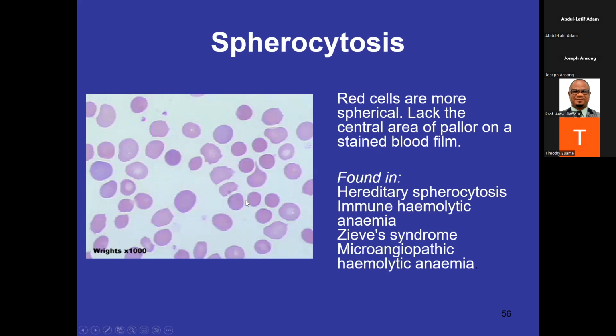They lack the central pallor, so you don't see central pallor like here, but they are more spherical. These conditions, or this type of cells, are seen in hereditary spherocytosis, immune hemolytic anemia, and other hemolytic anemia.